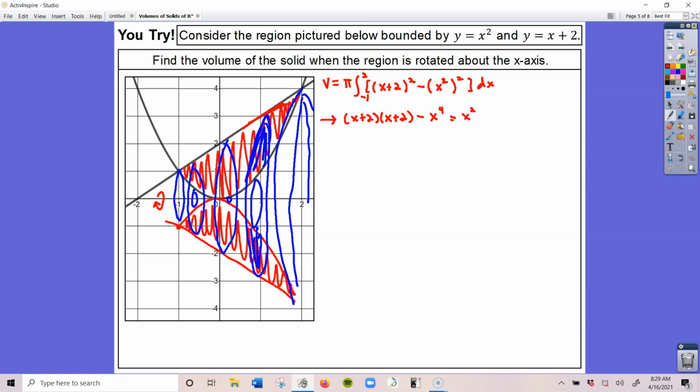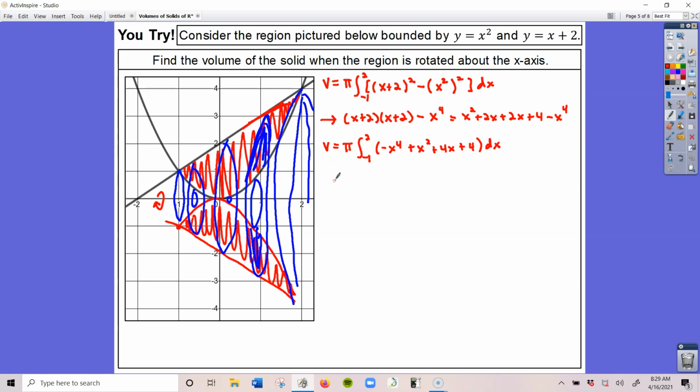This gives me x squared plus 2x plus 2x plus 4 minus x to the 4th, which I can now write out as my equation for volume by combining like terms and writing it in standard form: negative x to the 4th plus x squared plus 4x plus 4. And now I'm ready to integrate everything.